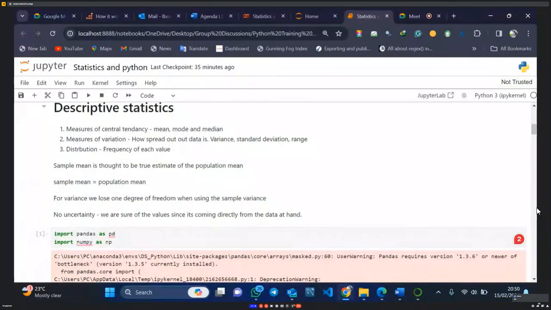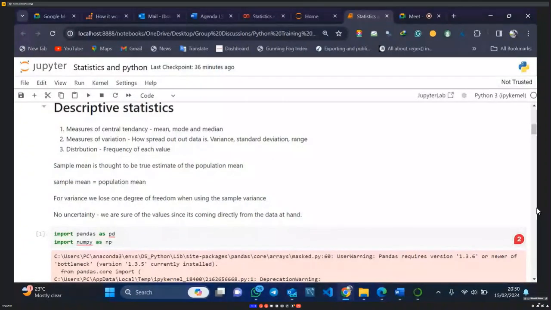We are on descriptive statistics, and I was talking about a sample mean. A sample mean is thought to be a true estimate of the population, and then the sample mean equals the population mean. Hey, Jebet, what you have written here, I'm trying to read and explain at the same time.